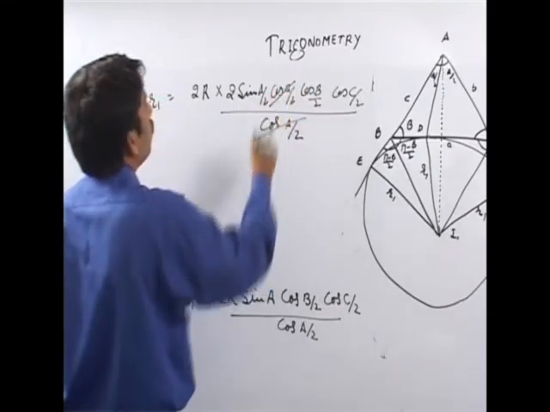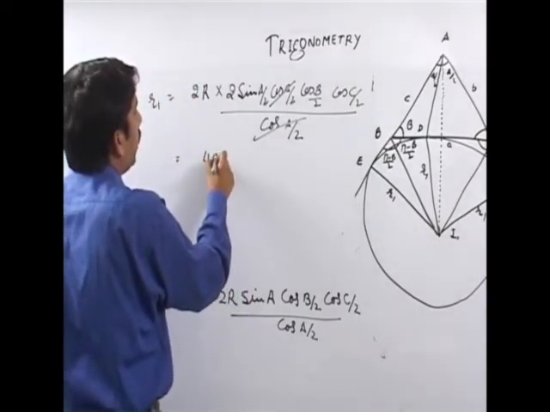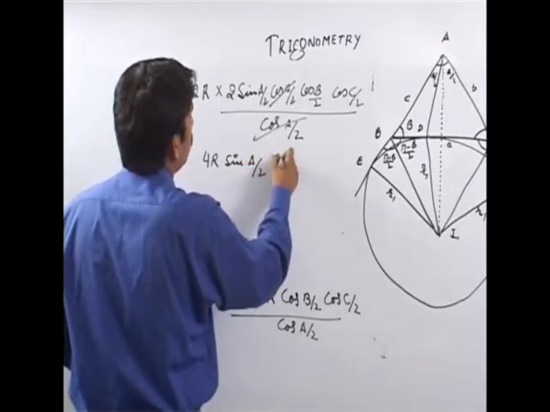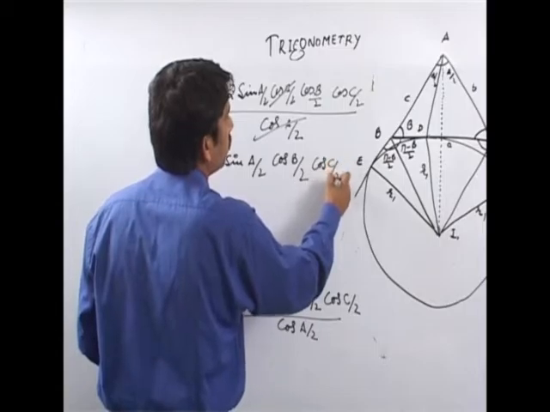This cos A by 2 will be cancelled out, and you will be left with 4R sine of A by 2 cos of B by 2 cos of C by 2.